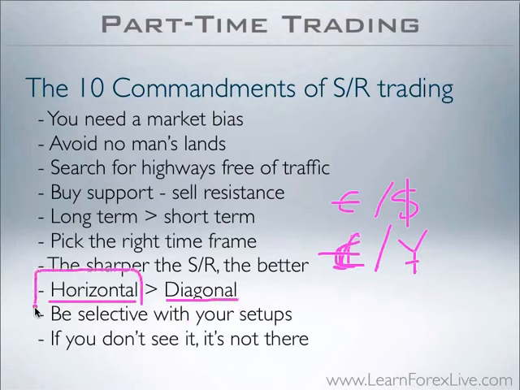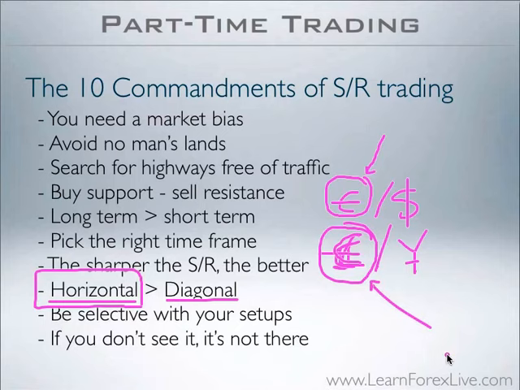Always favor, if you have to choose just one of them, in order to not overexpose your trading account to euros. As a general rule of thumb, you don't want to take multiple simultaneous trades involving currency pairs related to the same currency, in this case the euro.